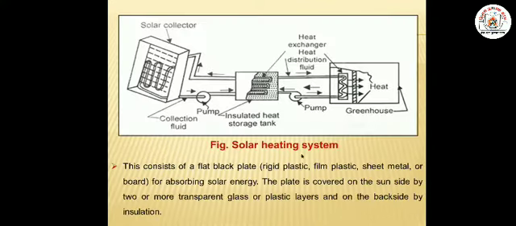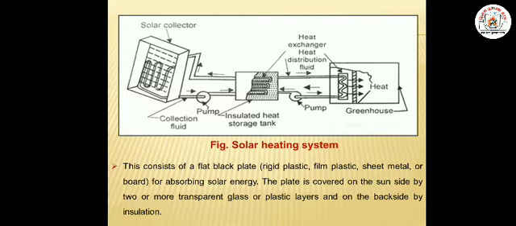Let us see the diagram of the solar heating system. This is the solar collector, in which solar radiation absorbing films are provided inside the collector plate, on which tubing or copper piping is provided.